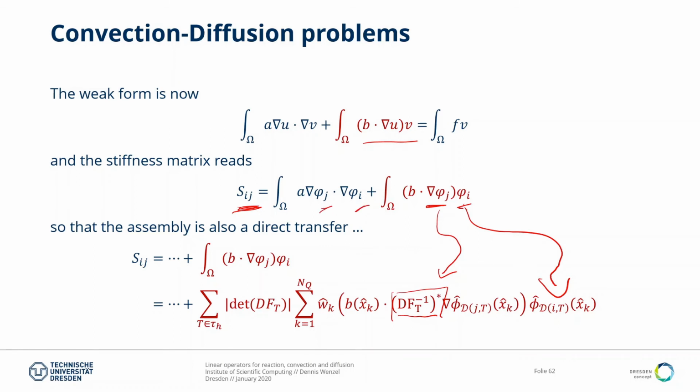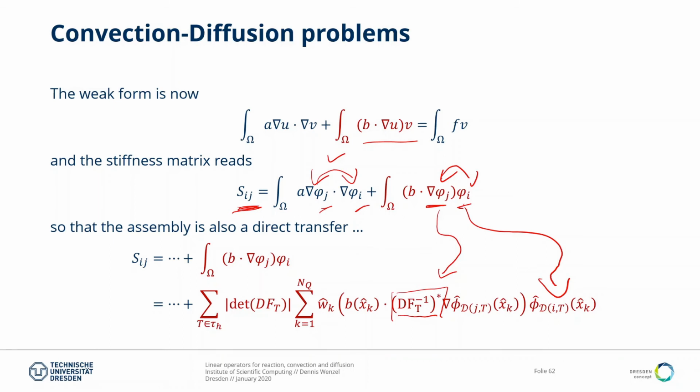In the original Poisson equation with just the Laplacian to discretize, it didn't make any difference because the whole thing was symmetric anyway. So if you would change those, that's not a problem because that's symmetrical. Here, it's not symmetrical. So here it makes a difference. You cannot just change ansatz function and test function here. So please always be careful with this indexing.